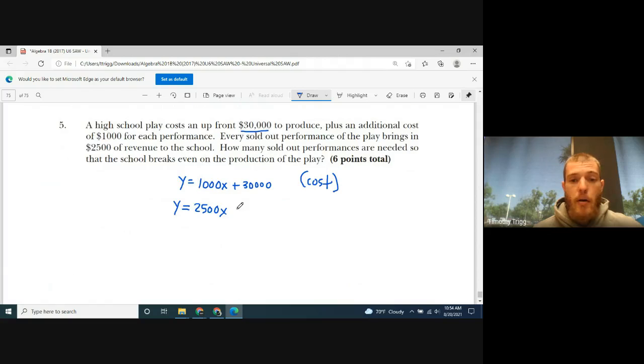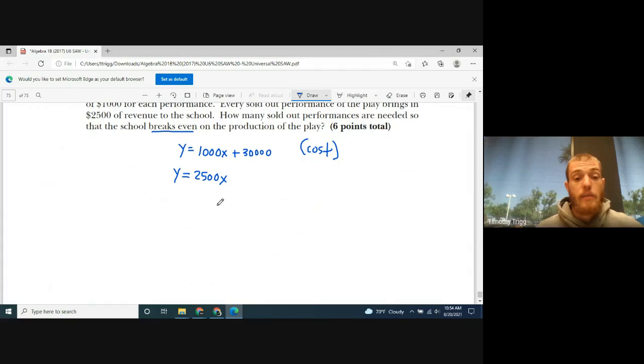Now it asks about breaking even, right? Break even means basically when the cost and the revenue are equal, then that's a break-even point. So I want to set these two equations equal to each other.